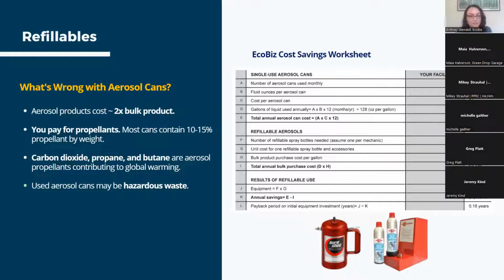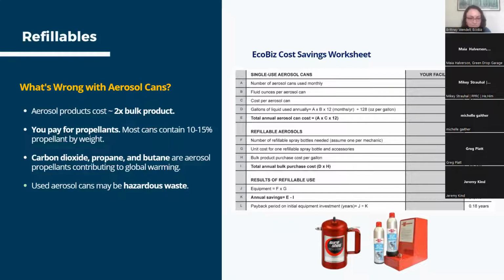As I mentioned, there are several different refillable dispenser options. Some automotive staff prefer one over the other, and we've heard mixed feedback on various models. If your staff don't like the option you've chosen, definitely try different models, because they have different types of nozzles that spray differently and function differently.